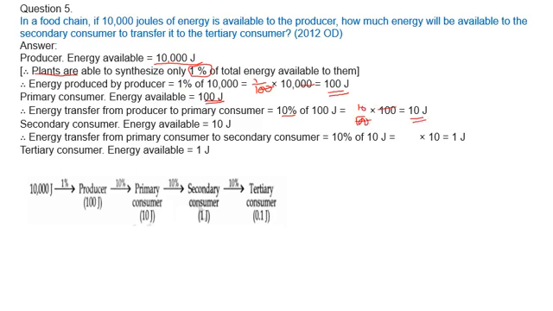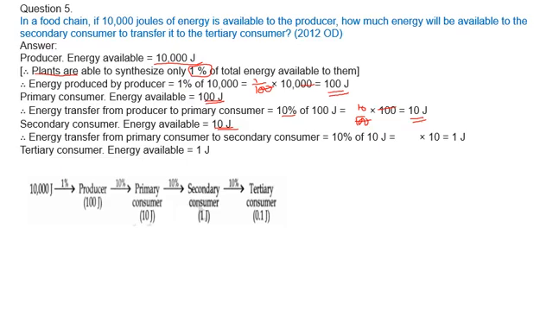For the secondary consumer, only 10 joule of energy is available. Energy is transferred from the primary consumer to the secondary consumer. The primary consumer got 100 joule and has used 10% of 100 joule.